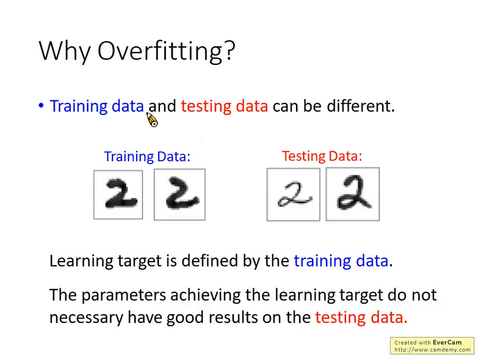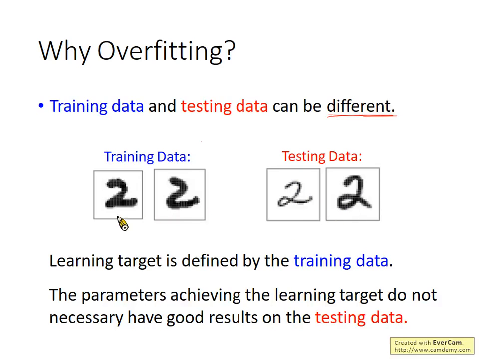Why is there the overfitting problem? The main reason is that the training data and the testing data may be different, especially in their statistical characteristics. Like here, we see 2 sample images of the digit 2. The training data will be like this, but the testing data may be like this. There is a circle at the bottom of the digit 2.